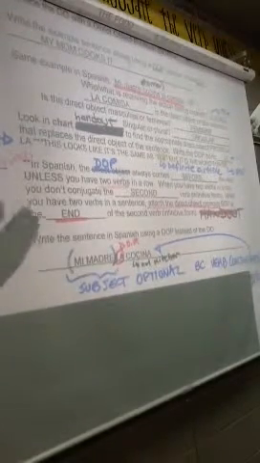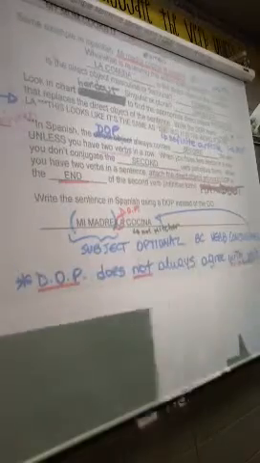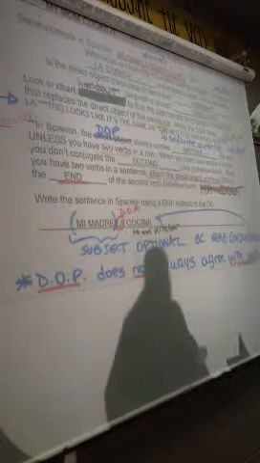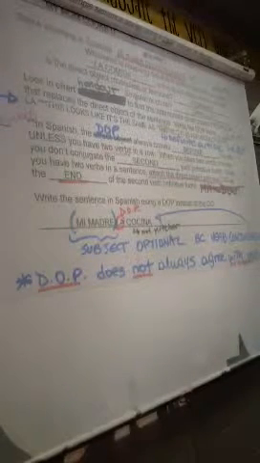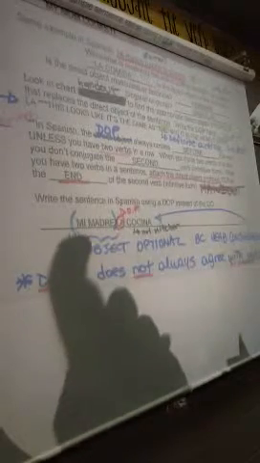Your subject is optional because the verb already tells you who did it. All you need is la cocina, which looks like, I know it's a bad example, the word for kitchen. This is the actual verb conjugated for mom. She cooks it. What is the it that she's cooking? The food. So la cocina. She cooks it. If you want to put your subject there, go for it. You don't need it.